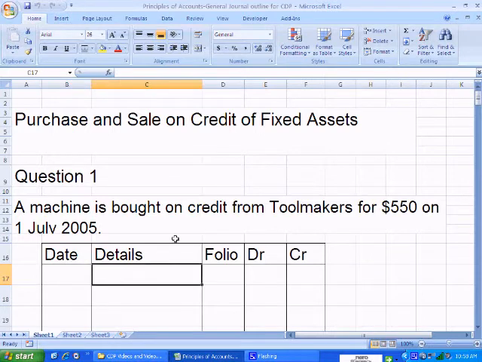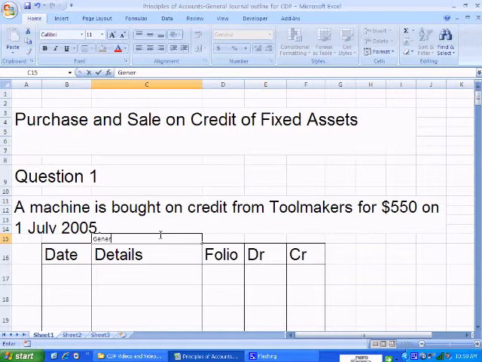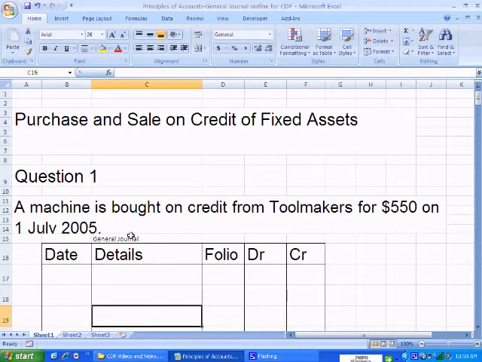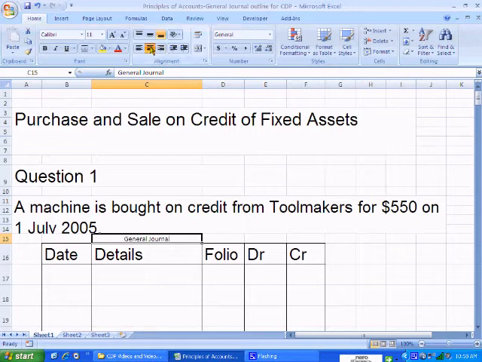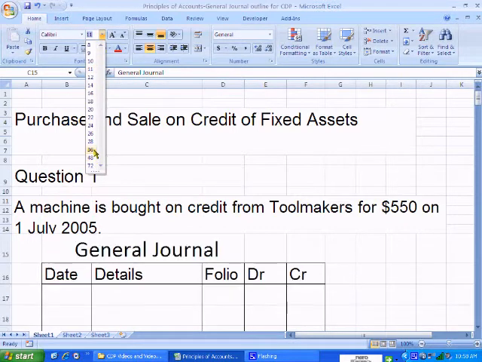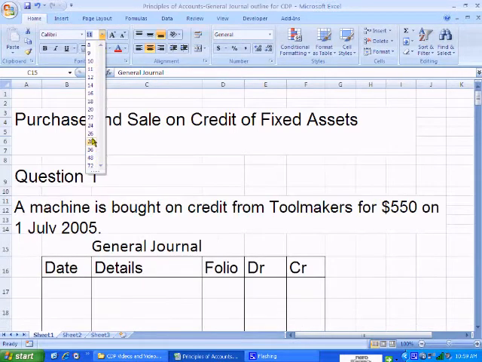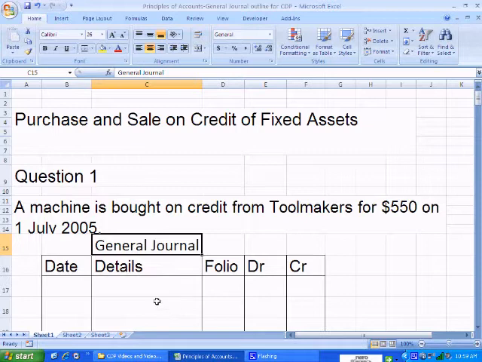First thing you have to do is write up a general journal right here. Title, general journal.